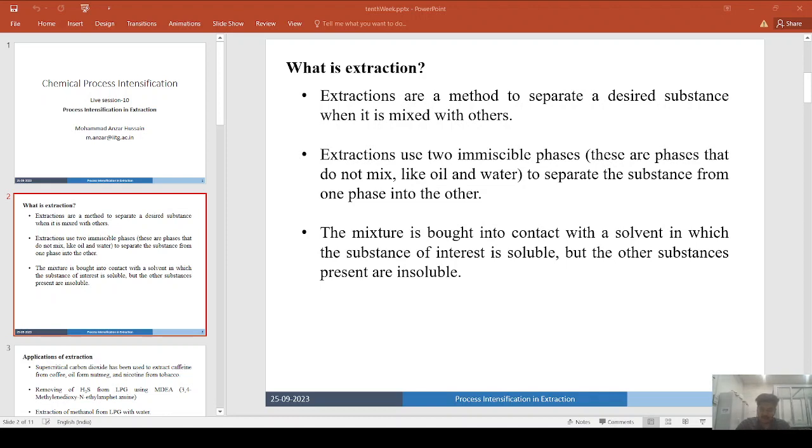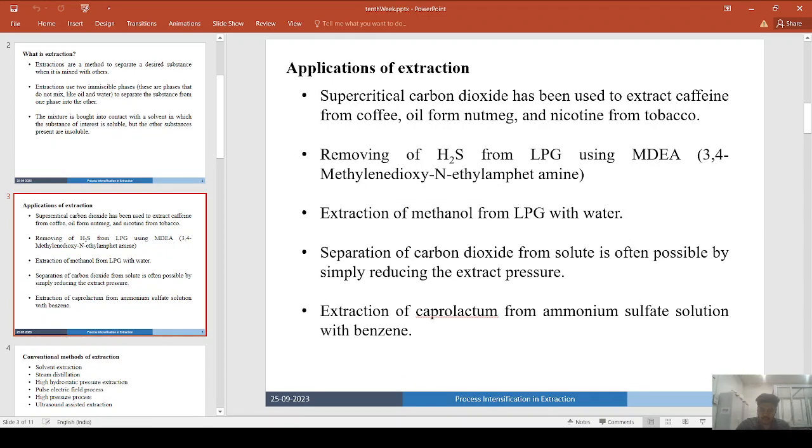Now let us discuss the applications of extraction.